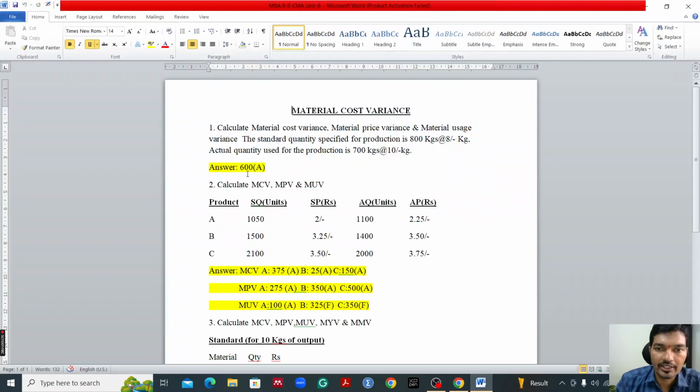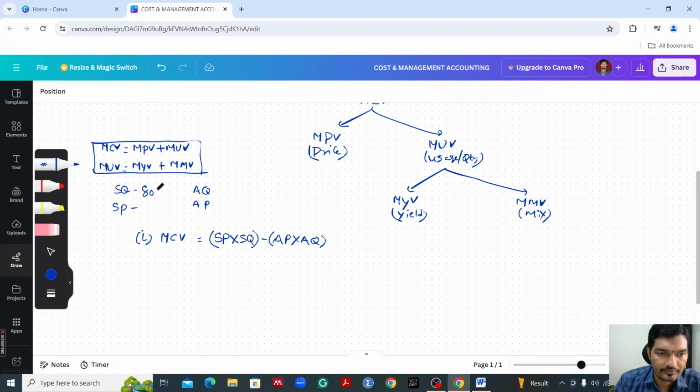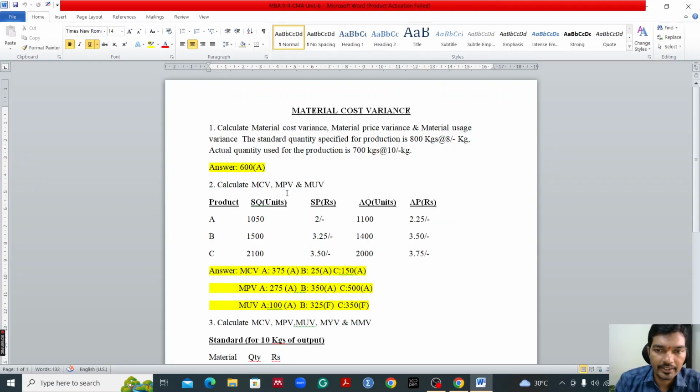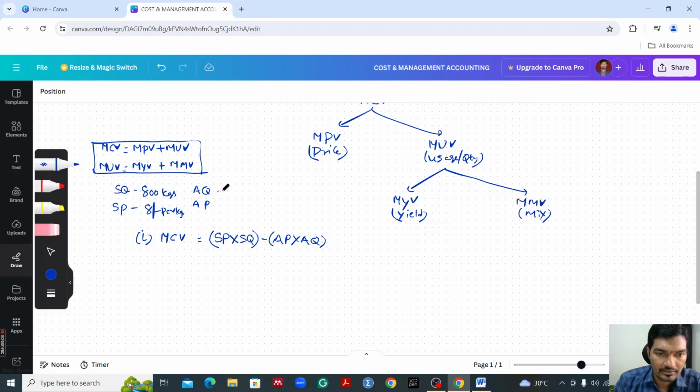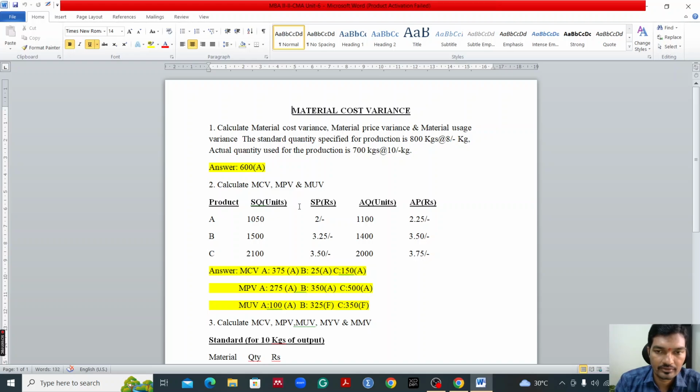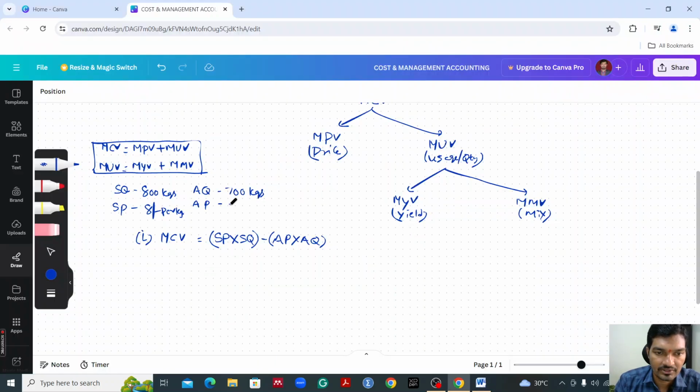What is the standard quantity specified? 800 kgs. Standard price 8 rupees per kg. The actual quantity they consumed, 700 kgs. The actual price according to the sum, 10 rupees per kg.